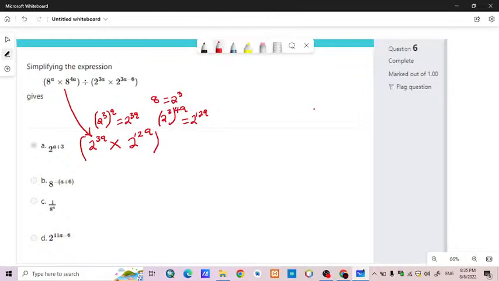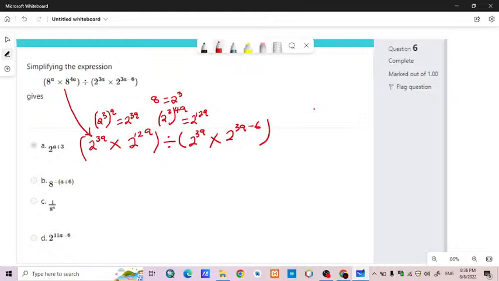If you look at the other side, everything has a base of 2, so I think it's just straightforward. We're gonna deal with this. Then you have this here, and then this is 2 to the power 3a multiplied by 2 to the power 3a minus 6. The rule says when multiplying powers of the same base, you simply add the exponents, right?